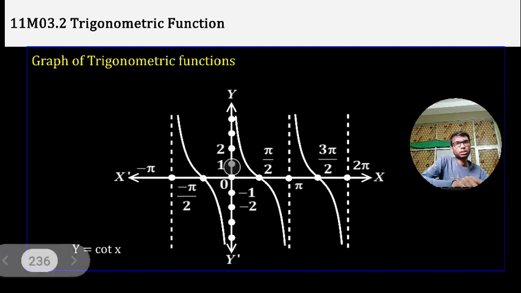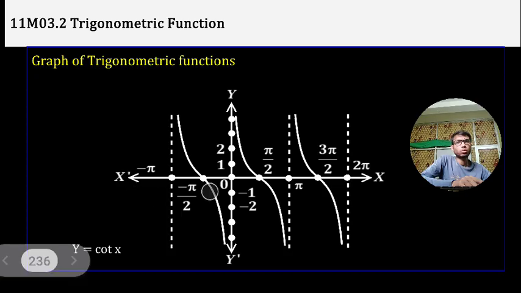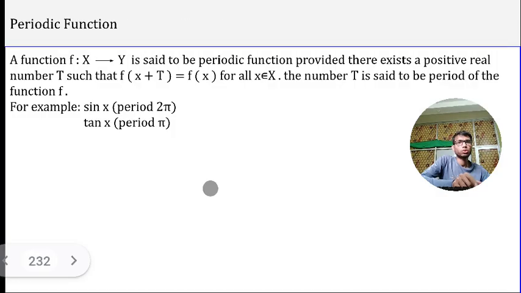At this much degree, cot 0 is what? Infinity, but cot minus 90 will give us 0.